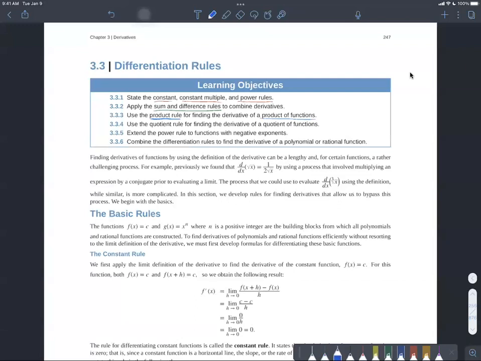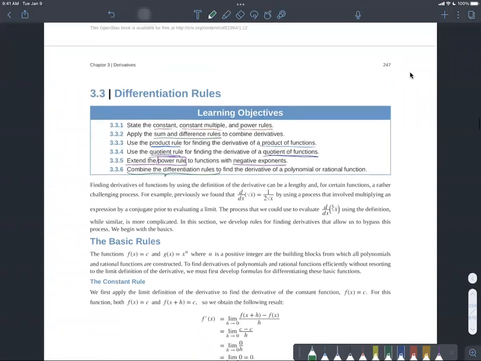Use the quotient rule for finding the derivative of a quotient of functions. Extend the power rule to functions with negative exponents. And then finally, combine the differentiation rules to find the derivative of a polynomial or rational function. Okay, so we're going to be able to find derivatives of some very complicated functions, actually.